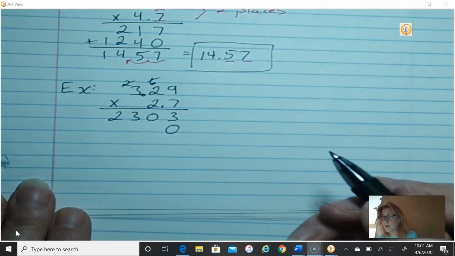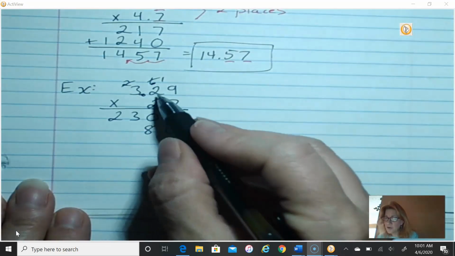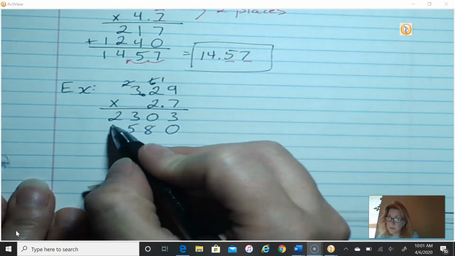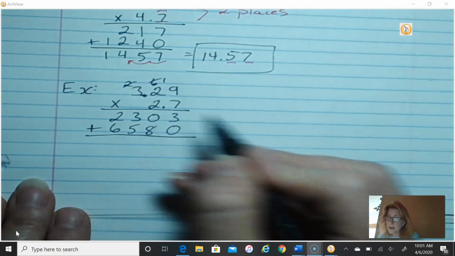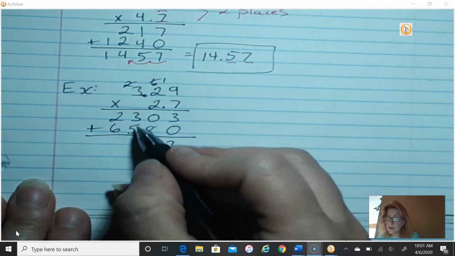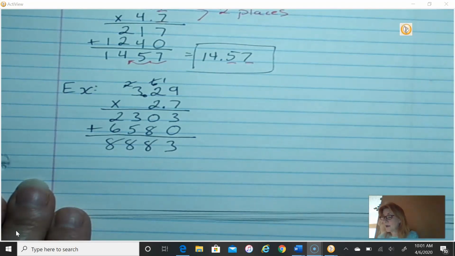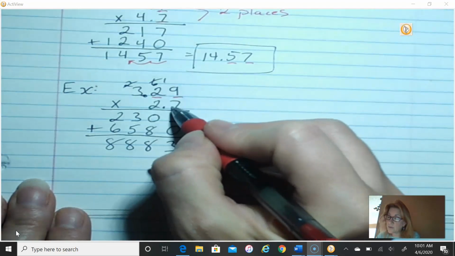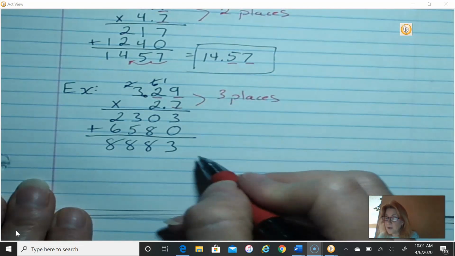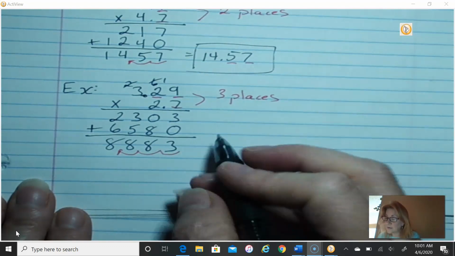Put your placeholder 0. 2 times 9 is 18. 2 times 2 is 4, plus 1 is 5. 2 times 3 is 6. Add 3 and 0 is 3. 0 and 8 is 8. 3 and 5 is 8. 6 and 2 is 8. There are 1, 2, 3 places behind the decimal in the problem. Therefore, you have 1, 2, 3 places in your answer.